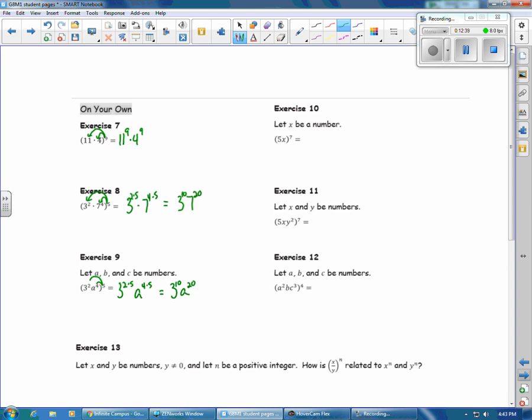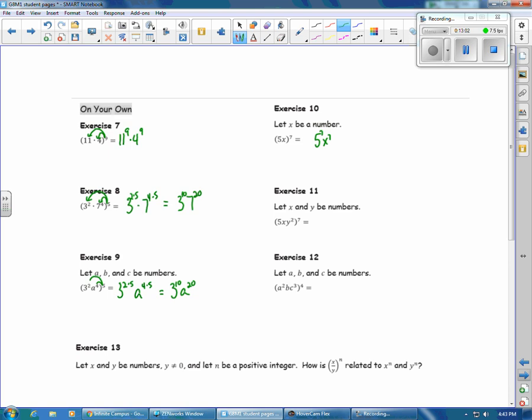Okay, so exercise 9 would be 3 to the 10th, 8 to the 20th. Is it starting to make sense now? Exercise 10, pause the video. Exercise 10 would be 5 to the 7th times x to the 7th.